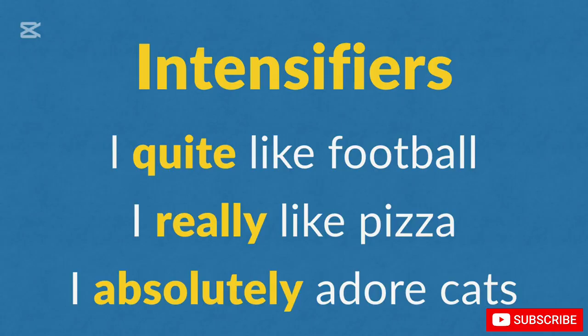Very only goes with adjectives. Very hot, very spicy. Something to remember is quite and really go with what I call normal verbs, such as like, whereas absolutely goes with very strong verbs.